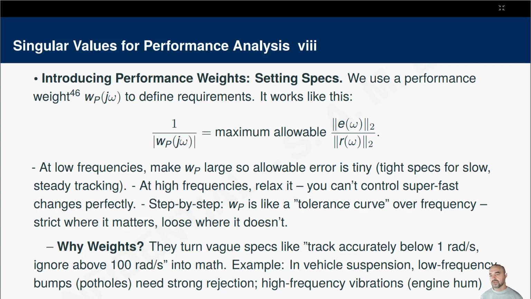Another analogy is speed limits. Low in school zones, critical, but high on highways, right? So we need to adjust.